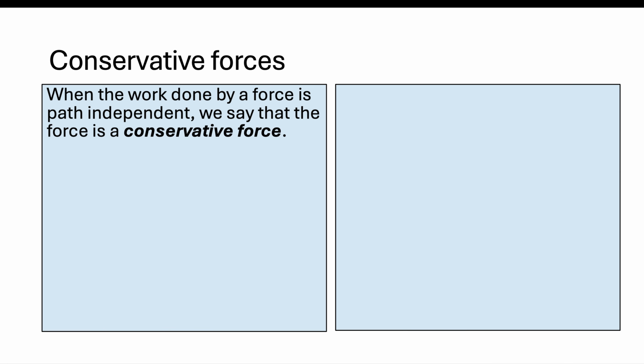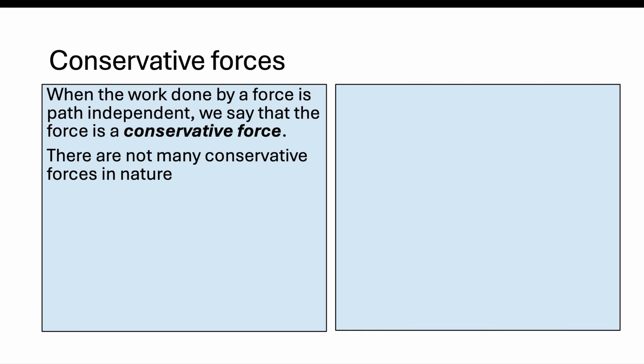So as I mentioned, whenever work done by a force is path independent, meaning that when you figure out the work done by the force, it only depends on where you start, your initial position, and your final position, any force that has work done in this particular case, where it is path independent, is called a conservative force. And there are very few conservative forces in nature.